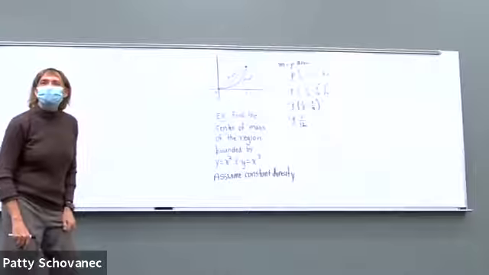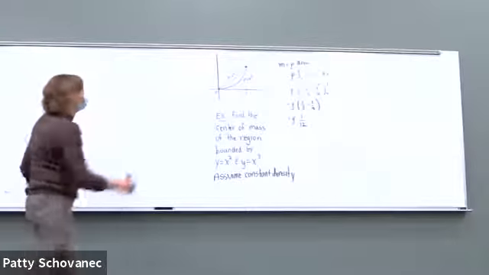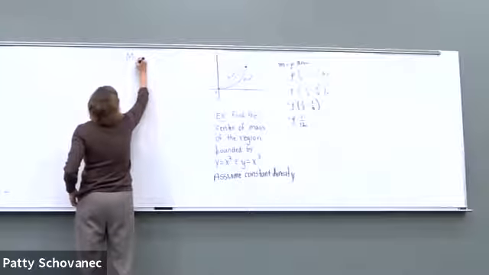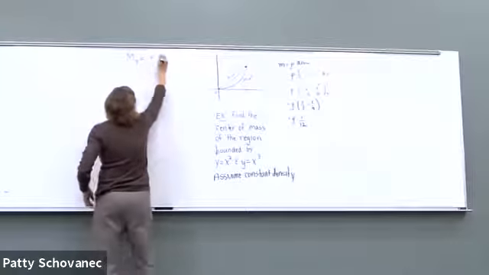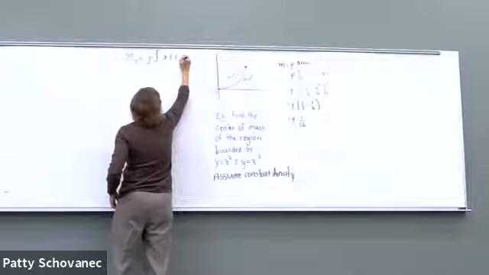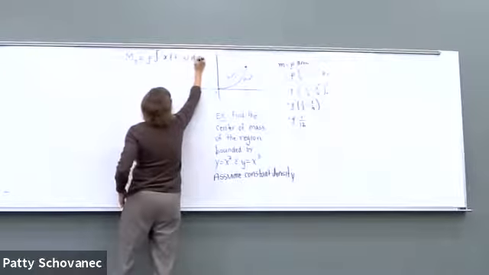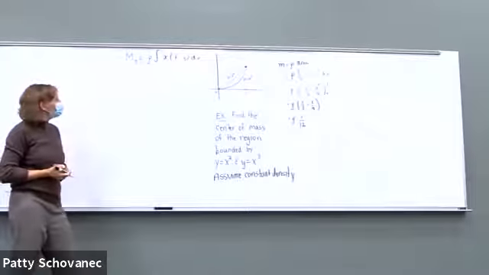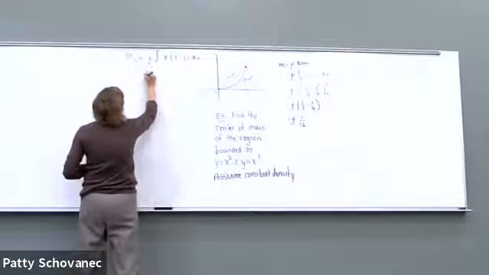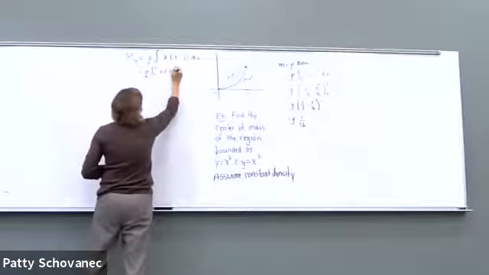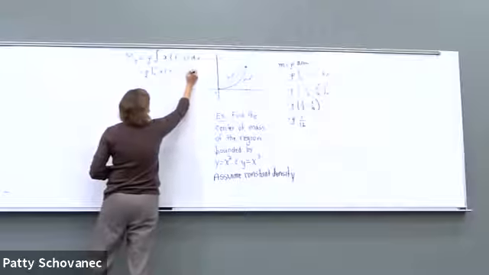Okay, the moment with respect to the y-axis has an x in here times an f minus g. So I'm going from 0 to 1, x times (x squared minus x cubed).